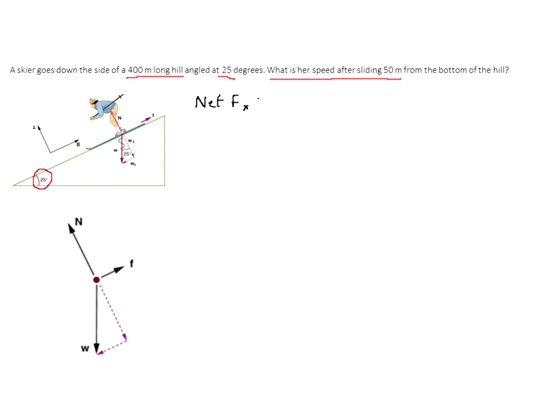So the net force in the x direction, I'm going to actually say that down the hill is a positive acceleration. So I'm going to switch up a little bit our coordinate system. So first it's going to be tilted. So up is positive and left is positive.